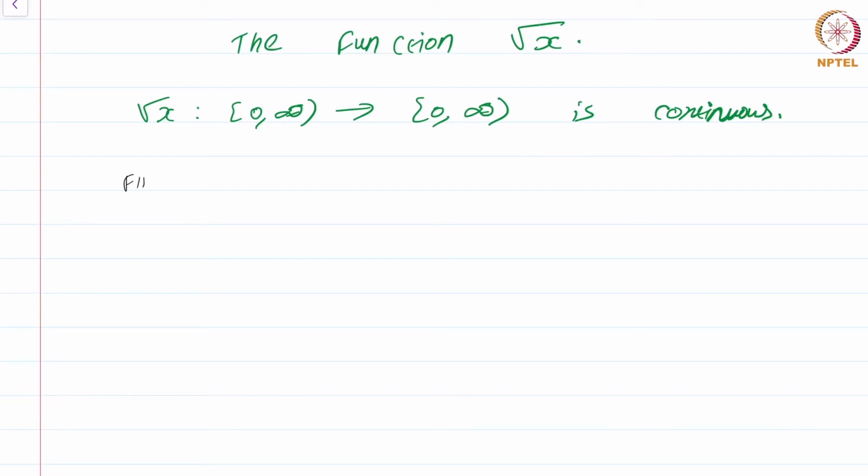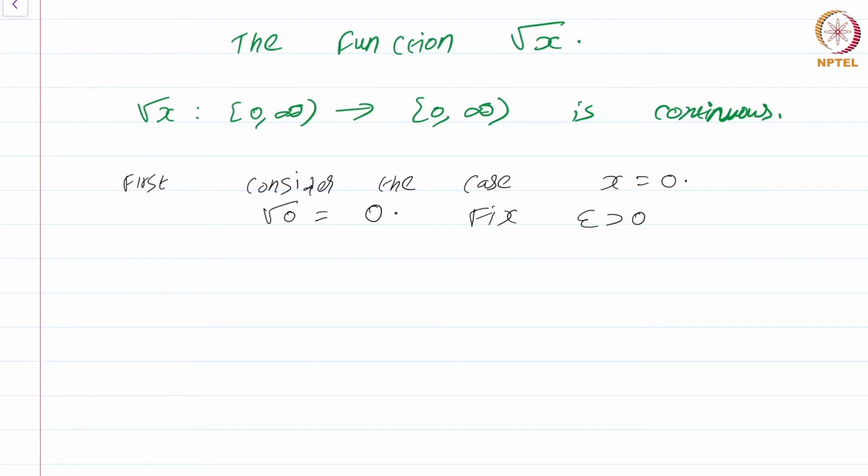First consider the case x equal to 0. Well, square root of 0 is 0. So what we are asked to do is we have to somehow show that the epsilon delta definition is satisfied at the point 0. So fix epsilon greater than 0.